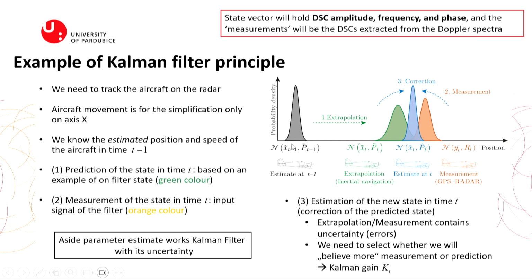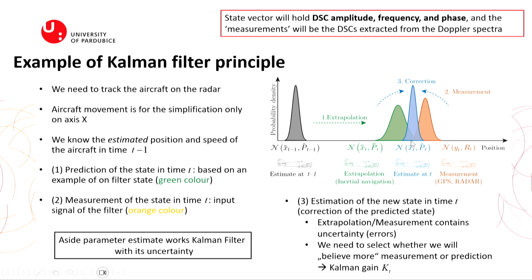So we know the estimated position and speed at this time, which I call time minus 1. In the prediction state, first we predict, we extrapolate this value and we get something like this Gaussian distribution of our extrapolated value. Then I will receive a measurement and it will be this one.